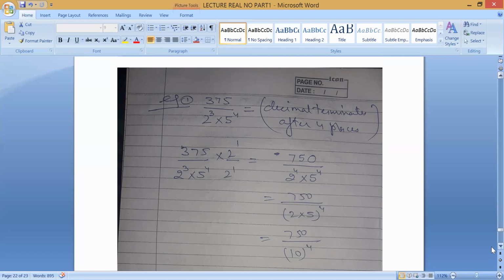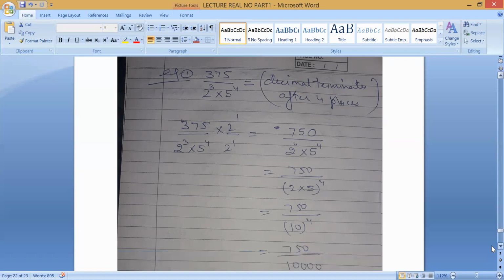So what you will say, it will terminate after 4 places, because the prime factors of the denominator are 2 to the power 3 and 5 to the power 4, and the value of m is 3 and n is 4. So 4 is greater, so you will say that it will terminate after 4 places.